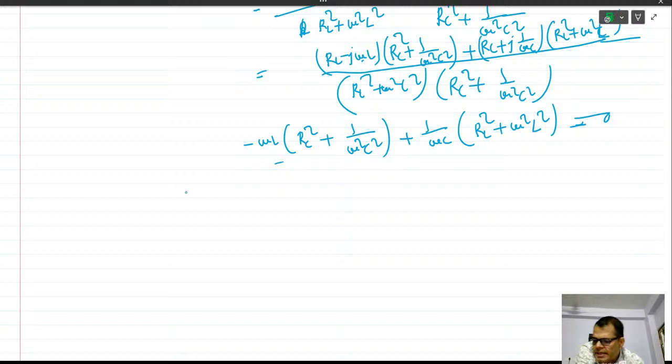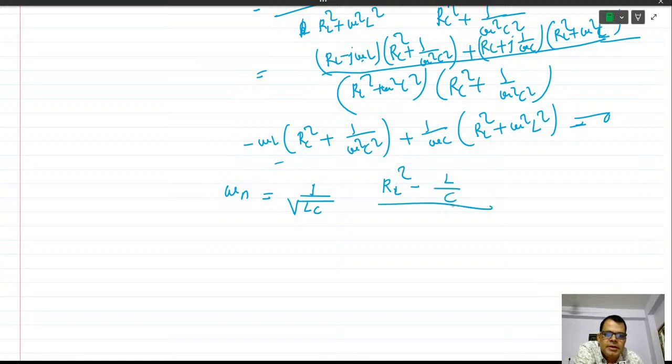Ultimately you get omega n equal to 1 upon root LC times the square root of (RL square minus L by C) upon (RC square minus L by C).